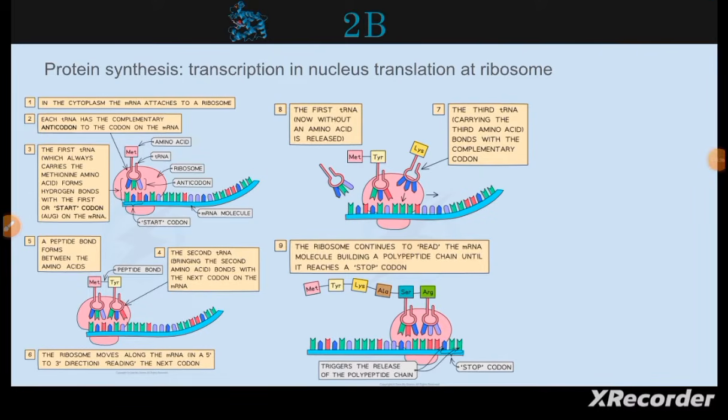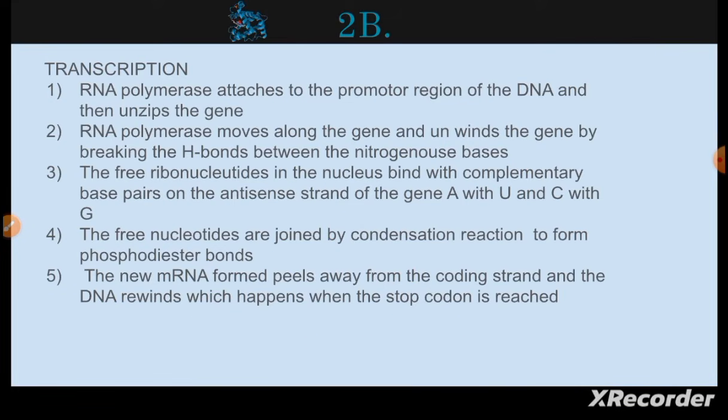Here is the translation part of protein synthesis, which happens at the ribosome. So that mRNA code that has already been transcribed is translated into a protein or polypeptide. You have to memorize the steps of transcription. First off, the RNA polymerase enzyme attaches to the promoter region of the DNA and then unzips the gene.